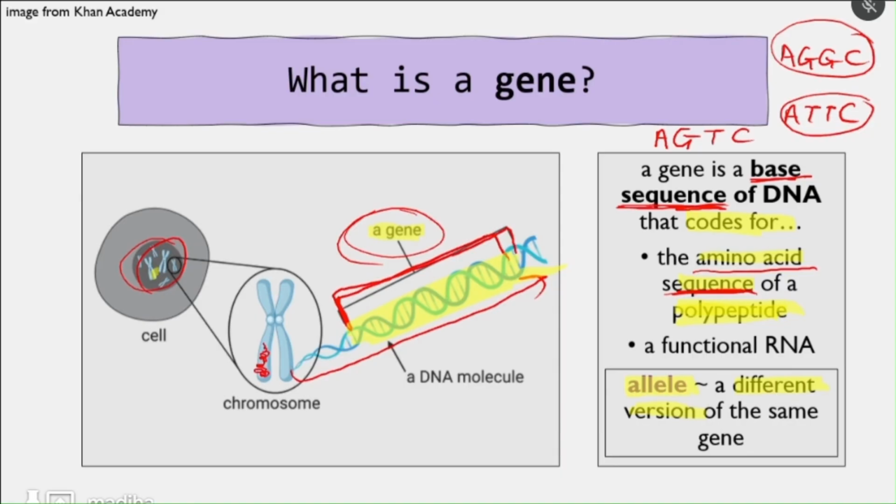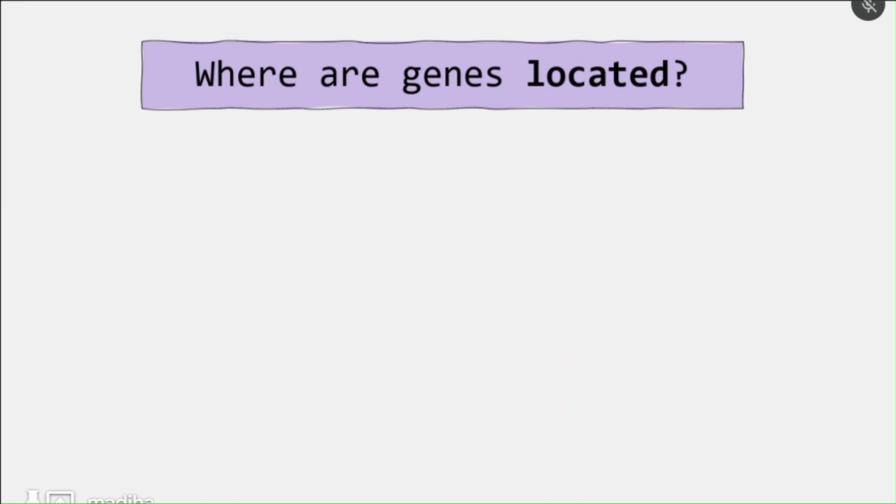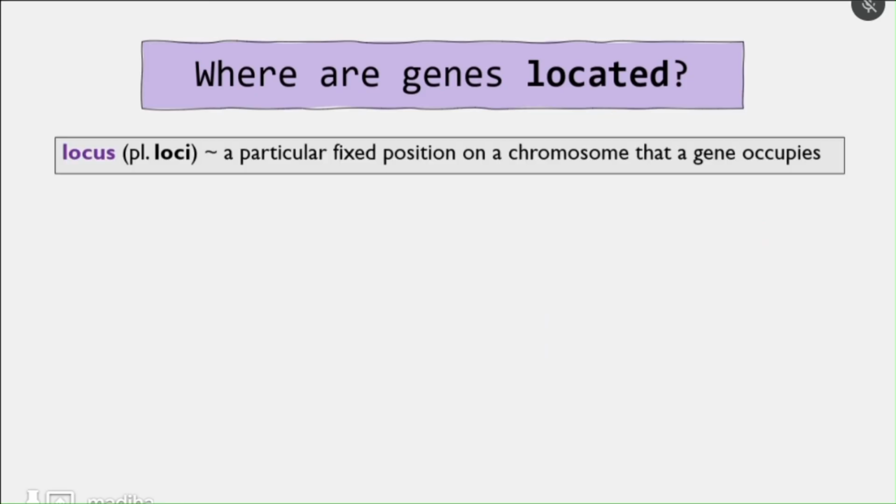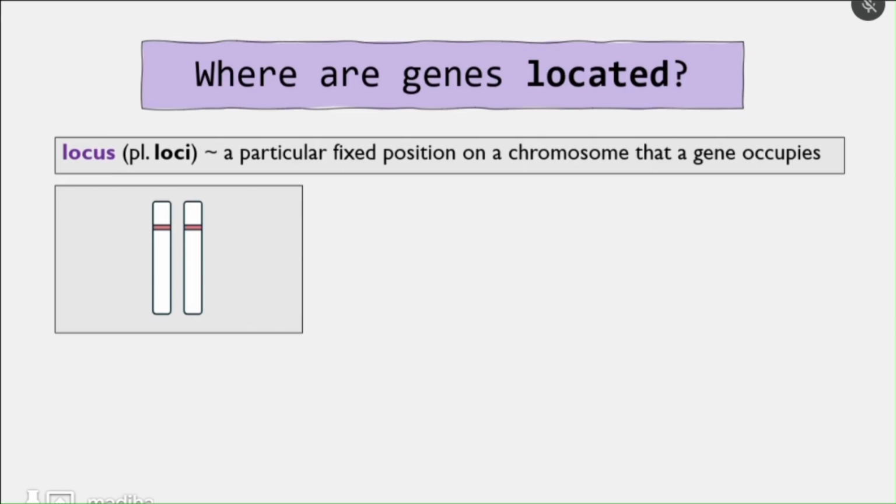But now we're going to talk about where they're located in the chromosome. Key term to remember: locus, or plural loci. A locus is essentially a particular fixed position on a chromosome that a gene occupies. I've just drawn a little pair of chromosomes here.